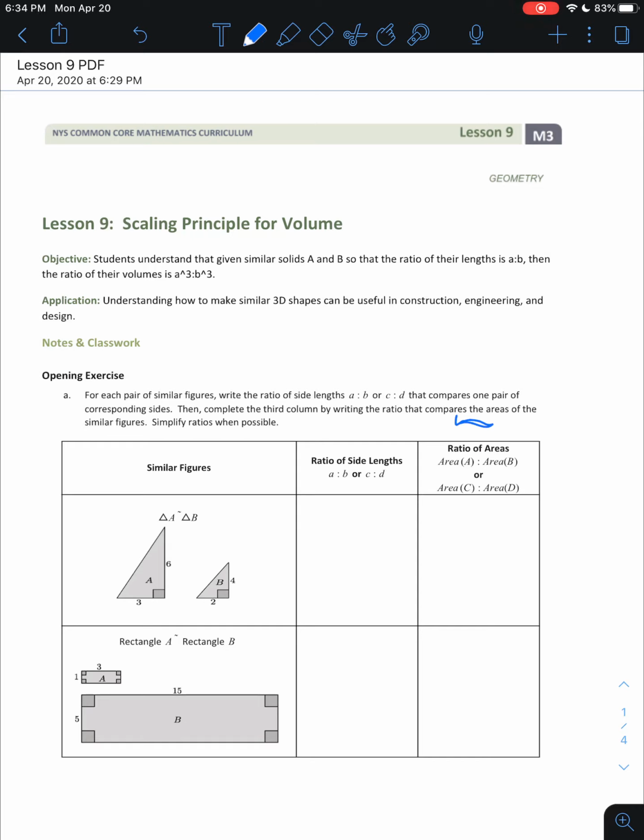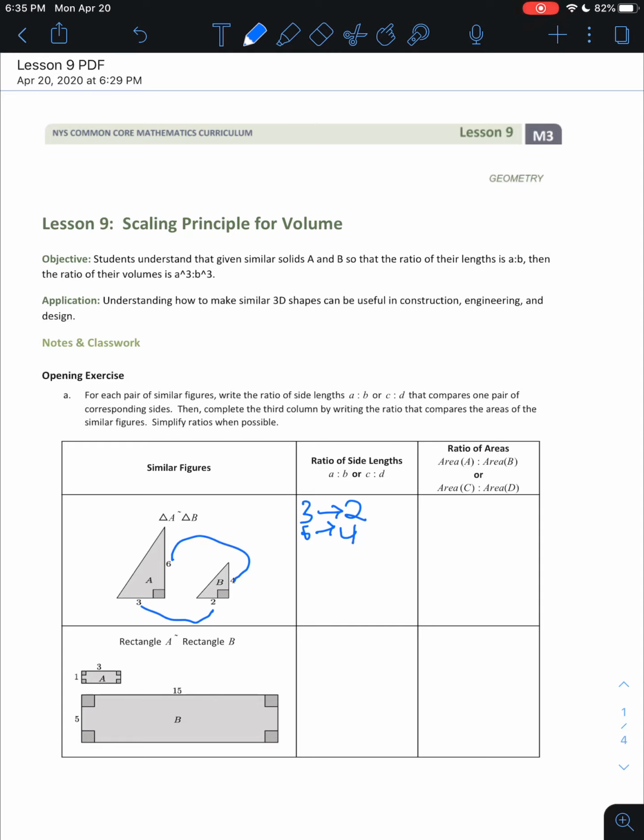And the 6 corresponds to the 4, right? So the two smallest sides correspond to each other, and the two larger sides correspond to each other as well. So we have 3 goes to 2, and 6 goes to 4.